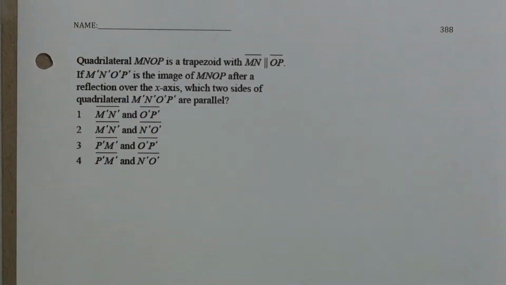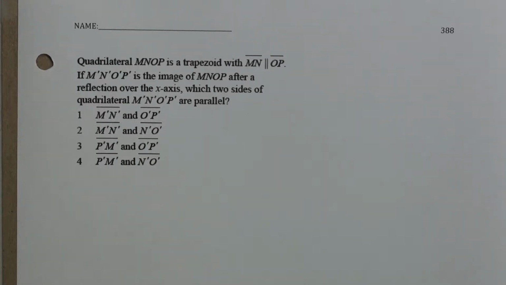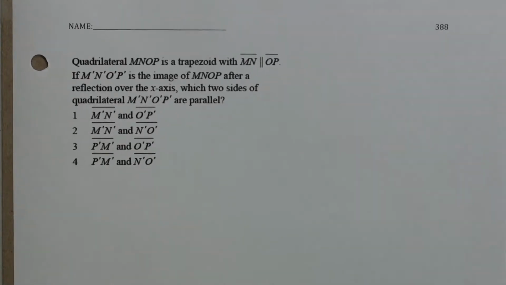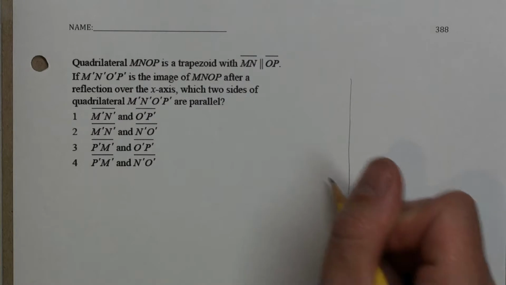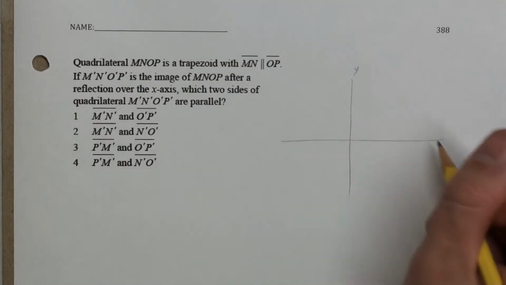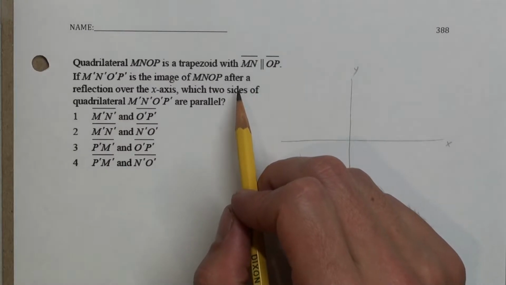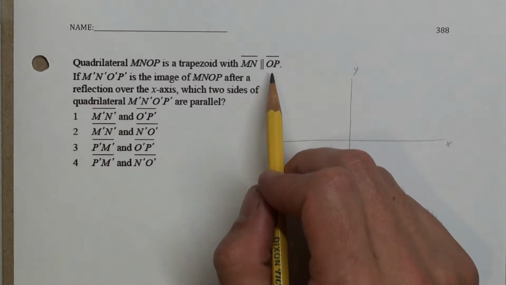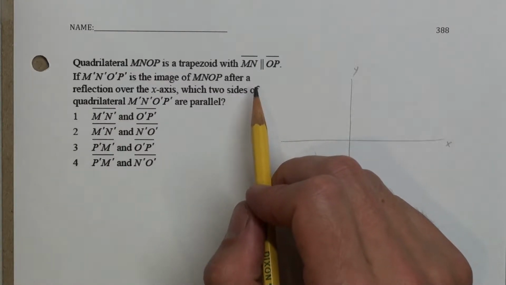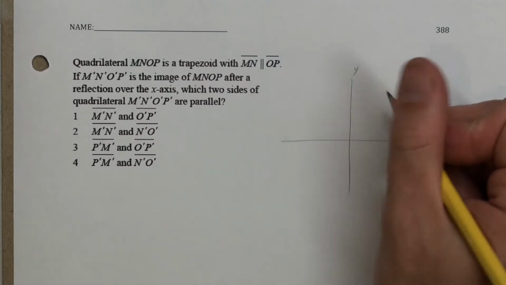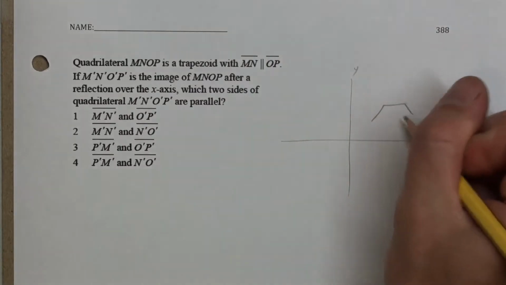Quadrilateral MNOP is a trapezoid with MN parallel to OP. If the image, after reflection over the x-axis, which two sides are parallel? Okay, so let's say we have an x and a y-axis, and a trapezoid that looks like this.